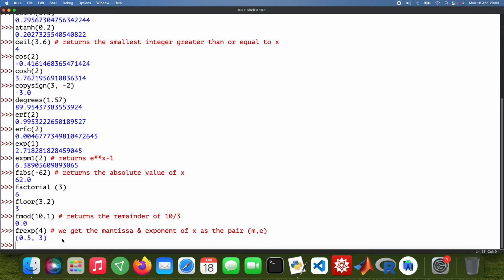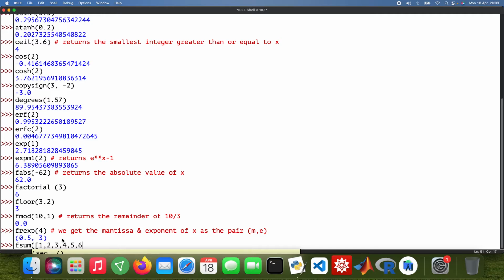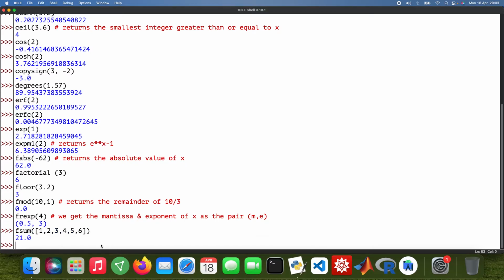And then fsum. I've got a sequence, 1, 2, 3, 4, 5, 6. All it does is add all those numbers together, so you get 21. And then gamma of x, so this is the gamma function.